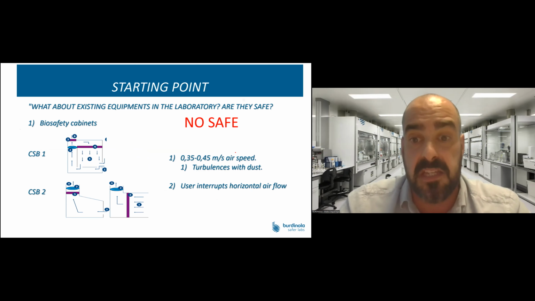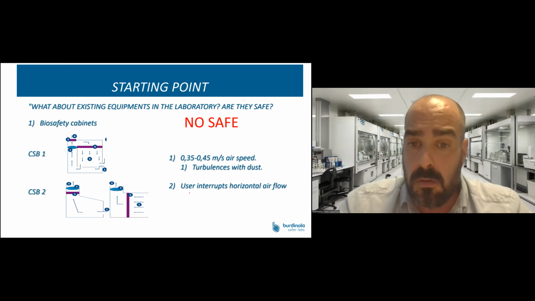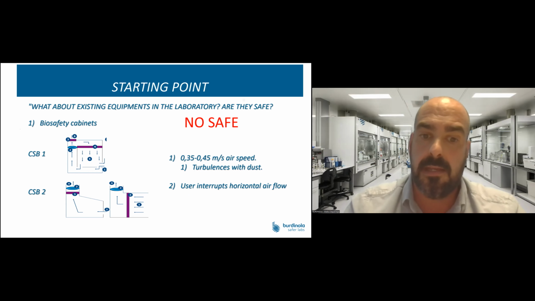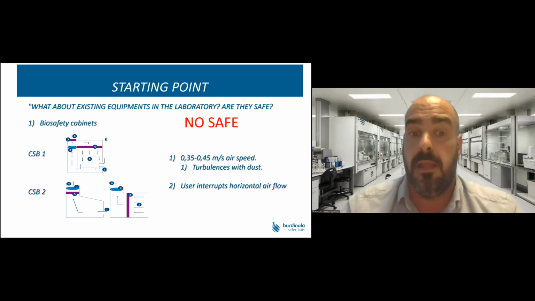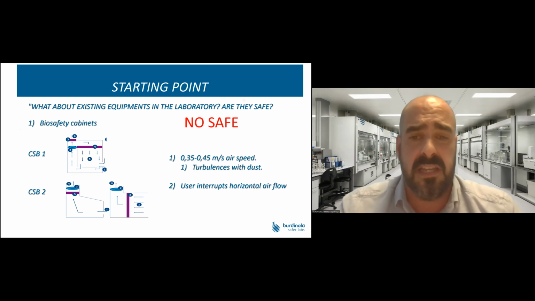So in some cases, the containment is broken. And in Class II cabinets, where horizontal airflow is used, when the users start using this kind of equipment, they break the horizontal flow, and some turbulences could appear. So we can say that this kind of equipment is not safe.